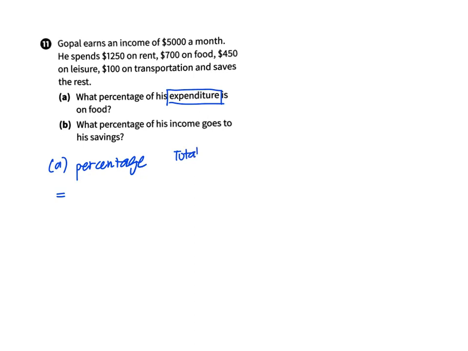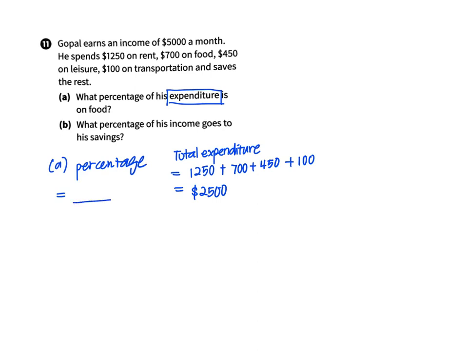Total expenditure is, now he spent 1,250 on rent, 700 on food, 450 on leisure, and $100 on transport. Then he saves the rest. So how much is this in total? Okay, I got the answer to be 2,500.